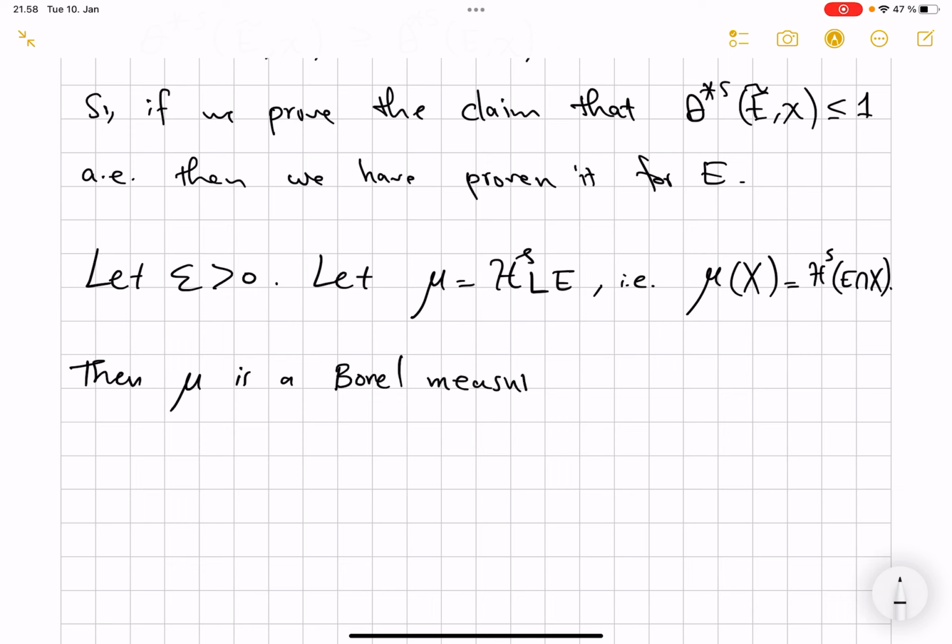This is where we're using this argument to replace E with a Borel set, so that we can just say this measure is Borel, because it's so super important. By being a Borel measure, we can bring in this one.